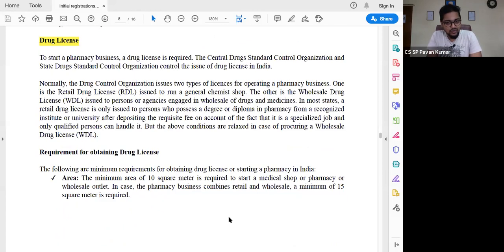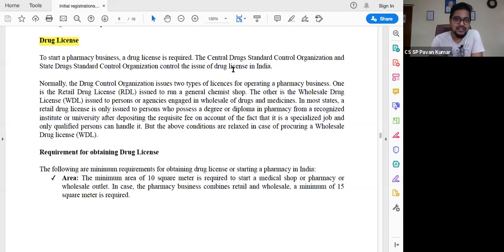I can do it as a retailer or as a wholesaler, and there are different licenses required for each. So let's see, when I want to open a medical shop, what type of registrations are required. To start a pharmacy business, a drug license is required.